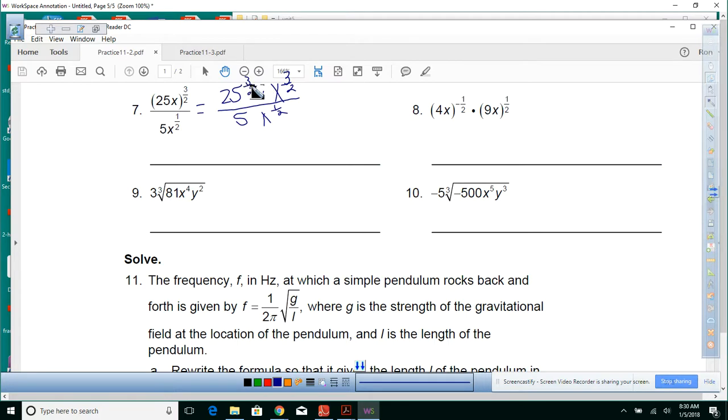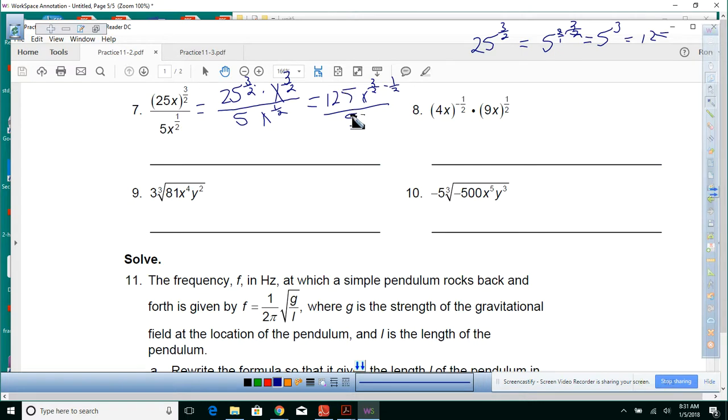Okay, so 25 to the 3/2 is going to be 5 squared times 3/2, and that's like 2 over 1, so those cancel out. That gives you 5 to the 3rd power, which is 125. So that's going to give you 125, and then x to the 3/2 minus 1/2 over 5.